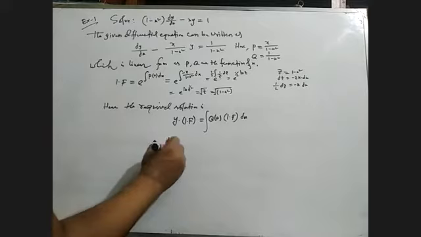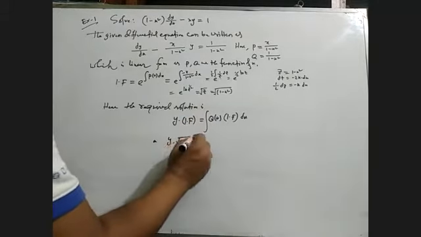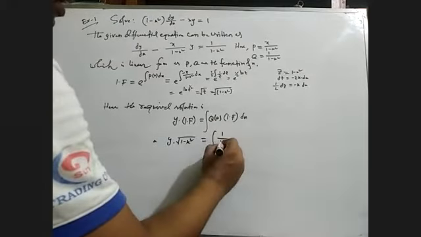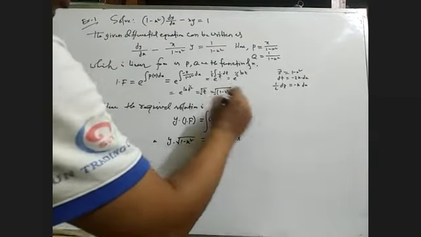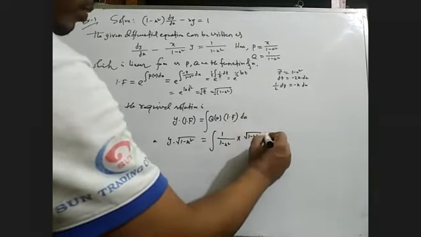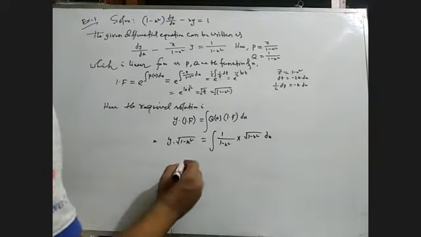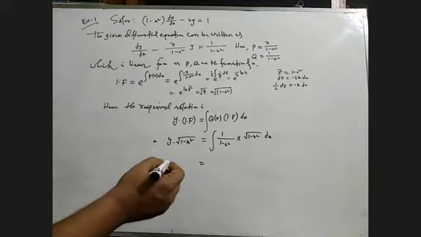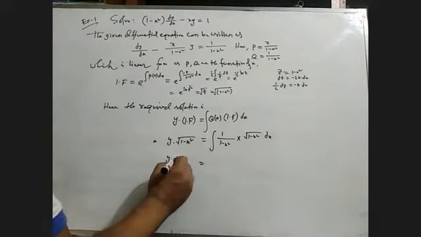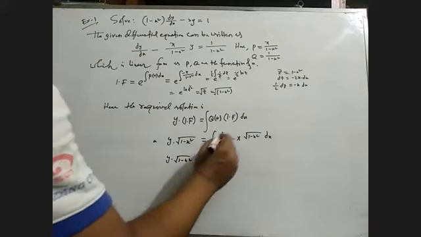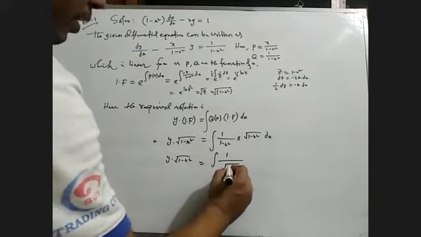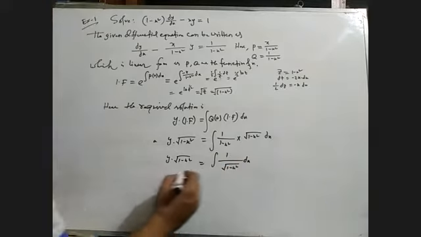So y times root over 1 minus x square equals integration of 1 by (1 minus x square) times root over 1 minus x square dx, or y root over 1 minus x square equals integration of 1 by root over 1 minus x square dx.